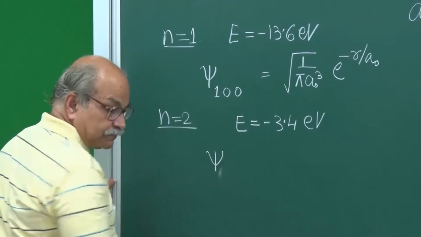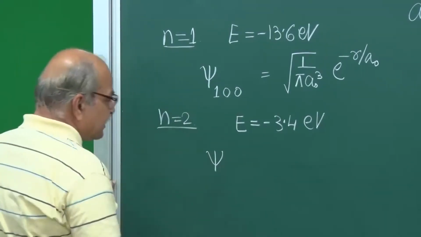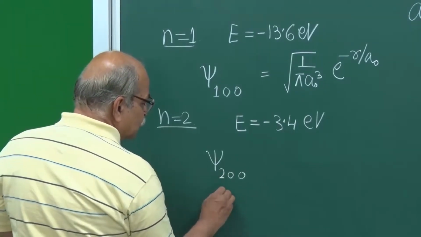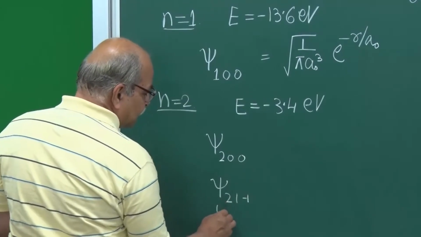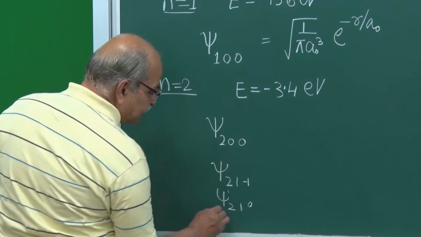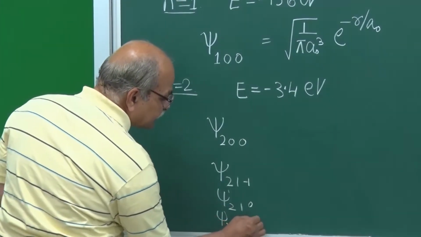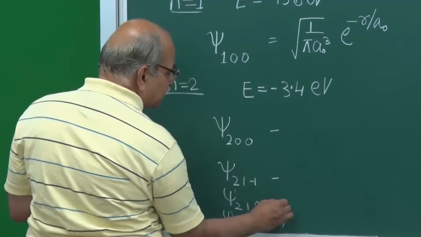This is 2. We write 2, 0, 0. Then we write 2, 1, minus 1. Then we write 2, 1, 0. And we write 2, 1, 1. So you have 4 different functional forms.